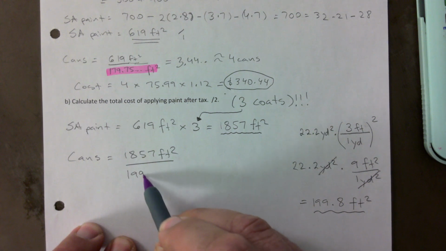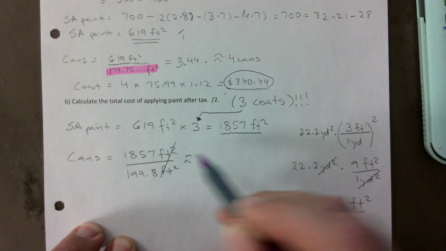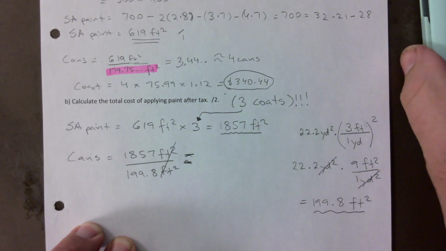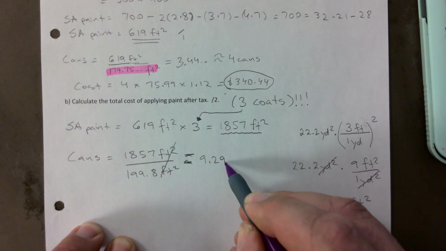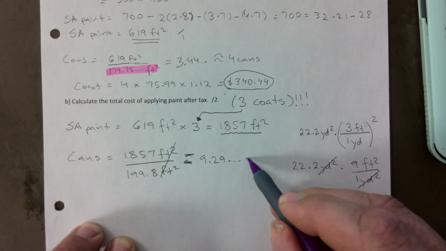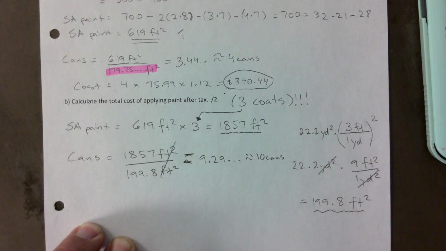Okay. Fun stuff, eh? I know. So this would be, according to my key here, 9.29 dot dot dot, which we know we need to buy 10 cans. Okay, you need to buy 10 there.